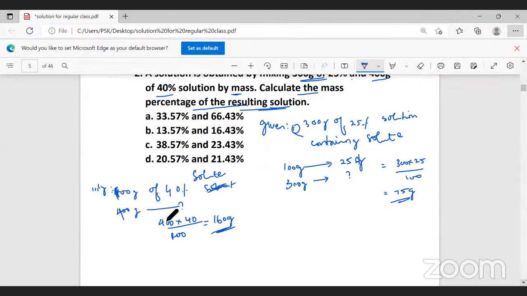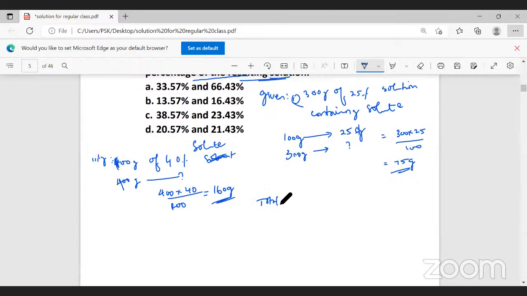Total mass of the solute will be 75 plus 160, which is 235 grams. So what will be the total mass of the solution?